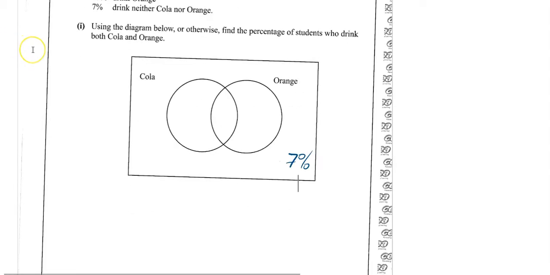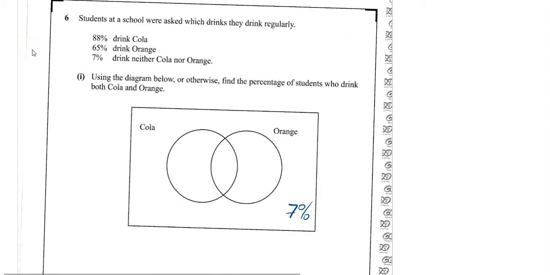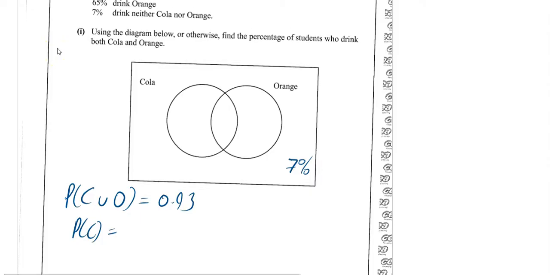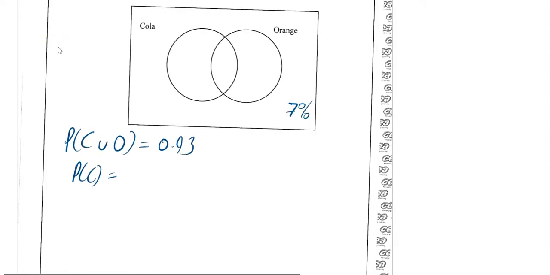I would write down, we've got the probability that you drink cola union orange is going to be 1 minus 0.07, so it's going to be 0.93. That's what we know. We also know that the probability that somebody drinks cola is 0.88.